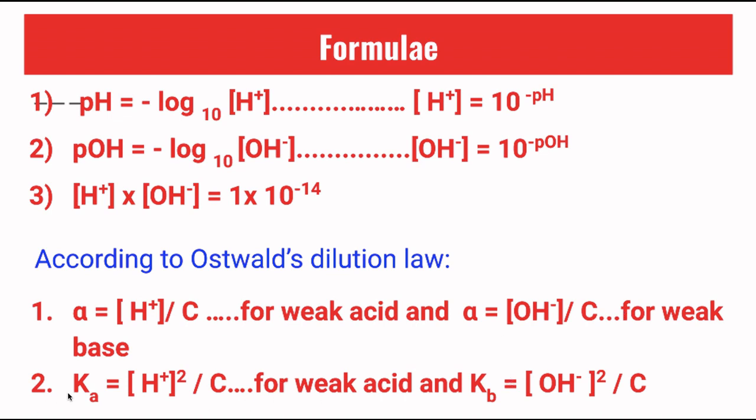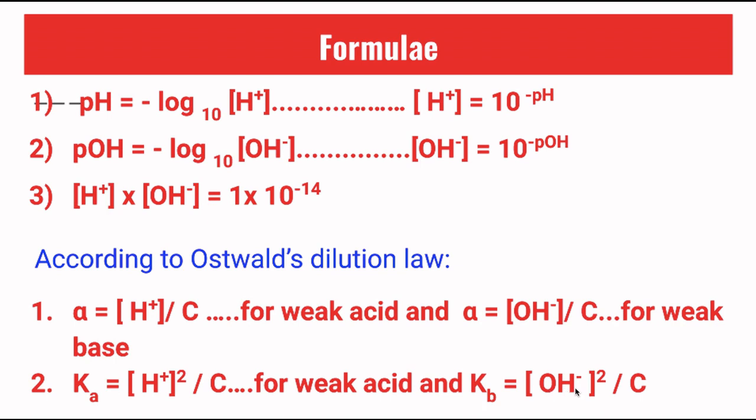Again, suppose dissociation constant of the acid is given. Then you know the formula according to Ostwald dilution law, concentration of H+ is equal to square root of Ka into C. This formula can be written as Ka is equal to [H+] squared divided by C. Means if pH of the solution is given, you have to calculate concentration of H+ ions, and by using this formula you can calculate Ka, that is dissociation constant of the acid, or for weak base Kb is equal to [OH-] squared divided by C. That is, Kb can be calculated from pOH of the solution.